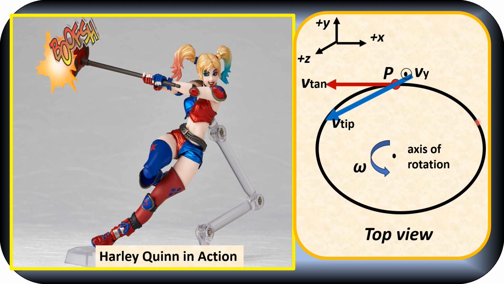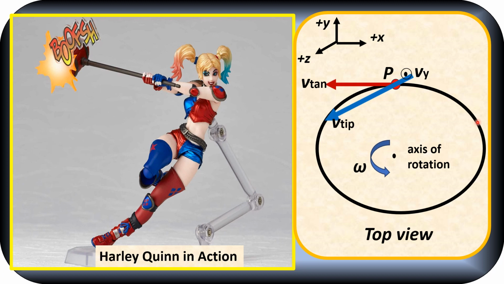So this resultant velocity, v sub tip, becomes the vector sum of v sub tan and v sub y, where v sub tan and v sub y are perpendicular to each other.